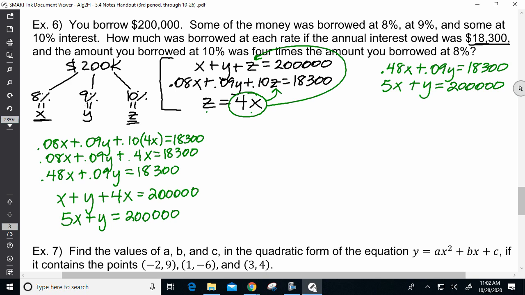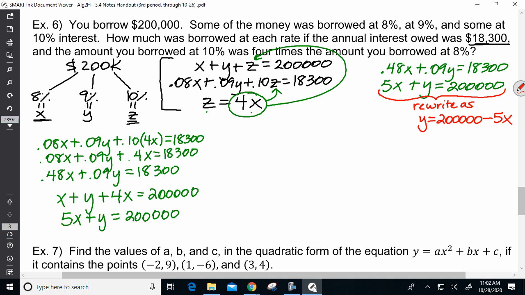Alright, so we're going to take the bottom equation and rewrite it. Rewrite as y equals 200,000 minus 5x, or negative 5x plus 200,000. Either way works.